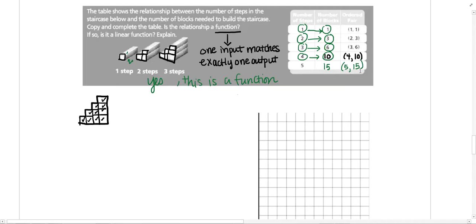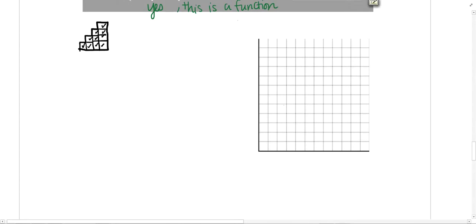Okay, so let's do a graph and decide if this is a linear function. On one axis, our x-axis, we're going to have the number of steps, which is our x. So we looked at 1 step, 2, 3, 4, 5.